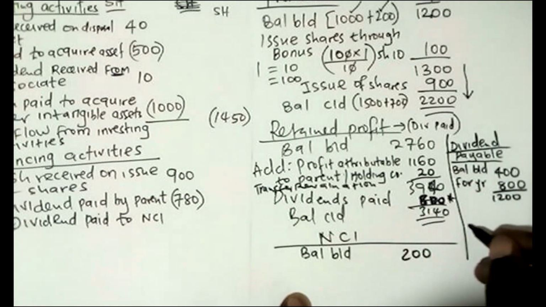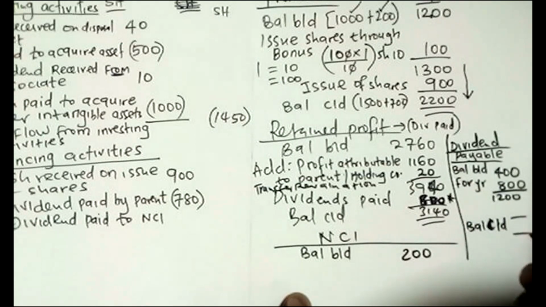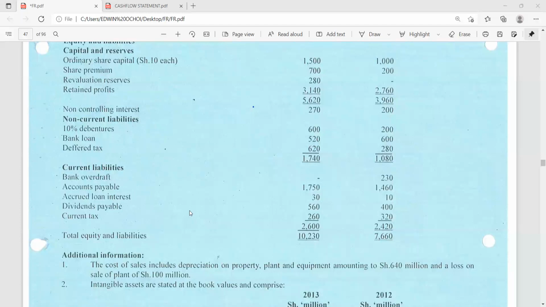But at the end, balance carried down, the dividends they are supposed to pay at the end is 560.